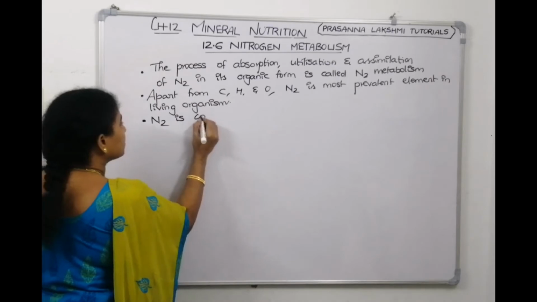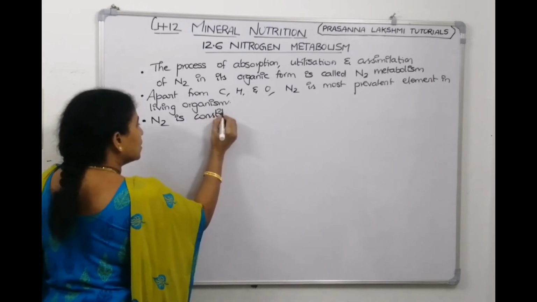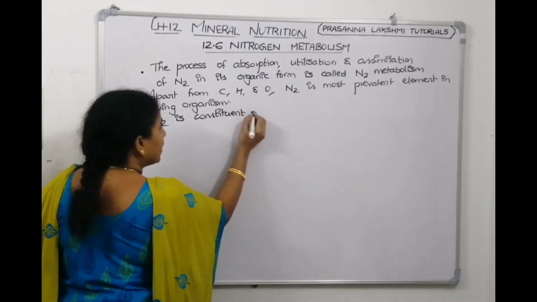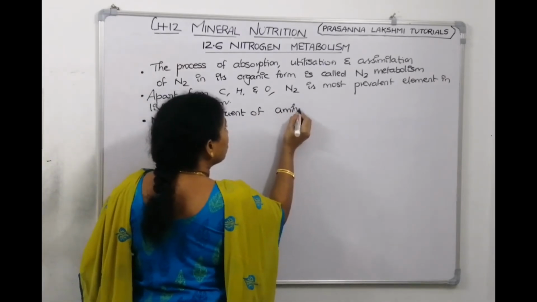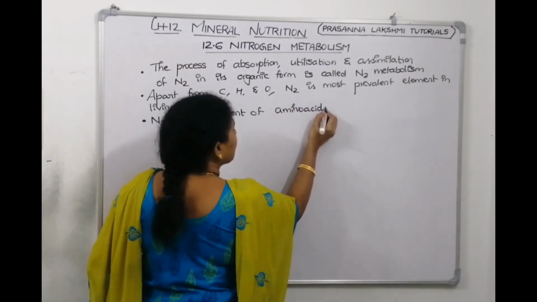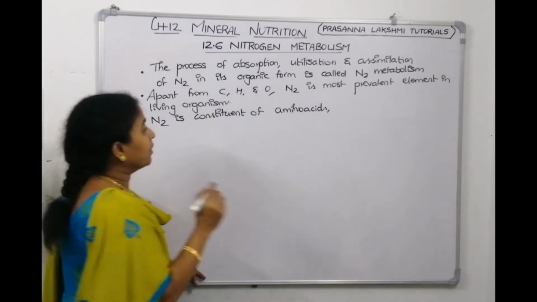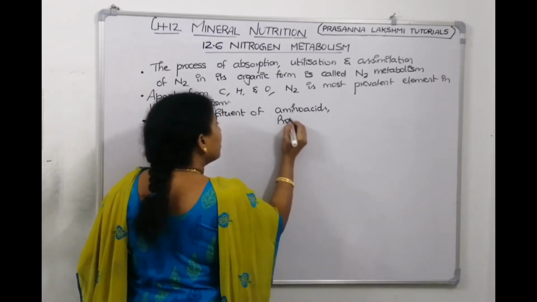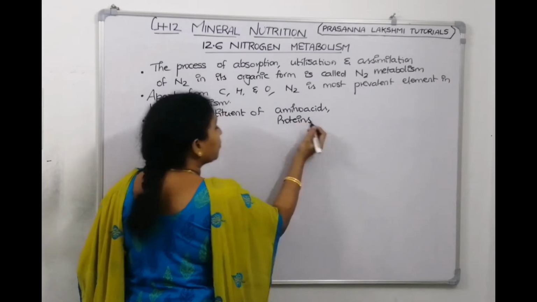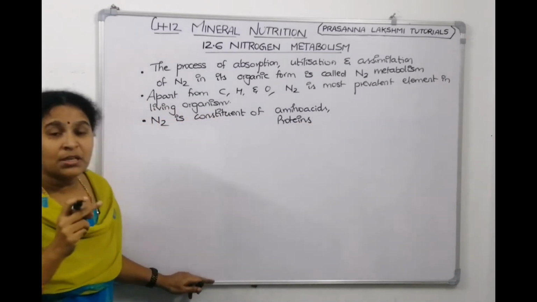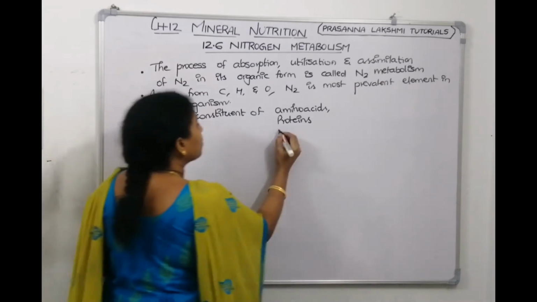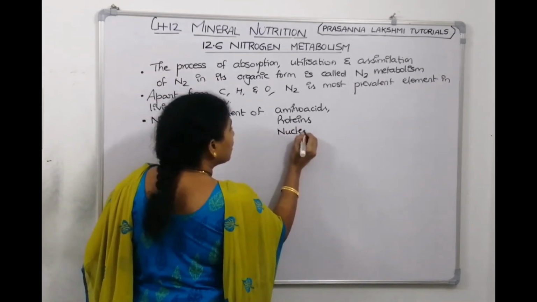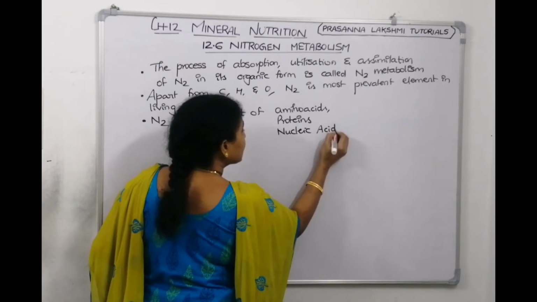Nitrogen is a constituent of amino acids. Nitrogen will make amino acids. Amino acids will make proteins. Nitrogen is present in nucleic acids also, in nitrogen bases, right? So nitrogen is a constituent of nucleic acids.